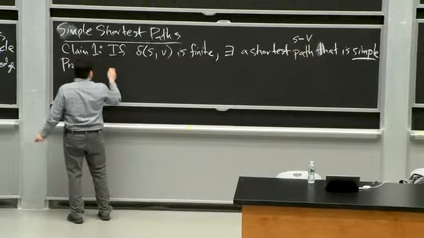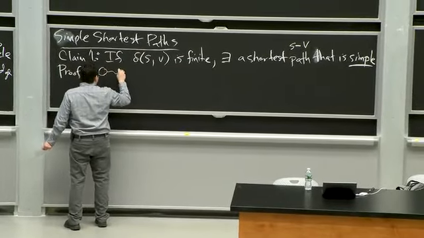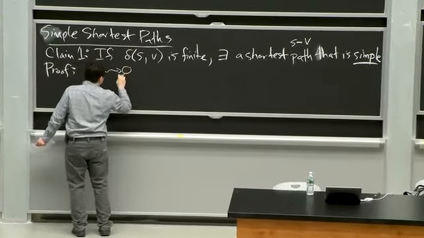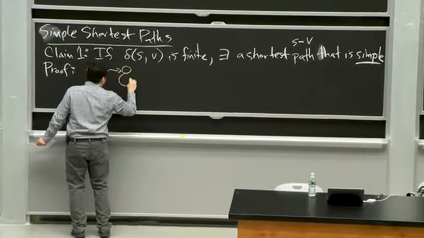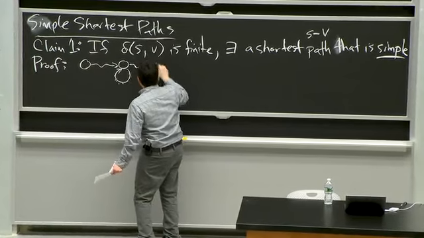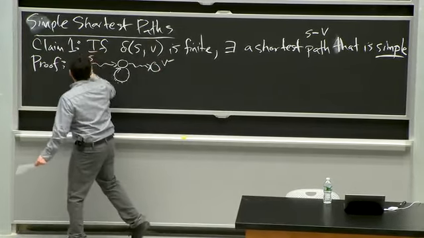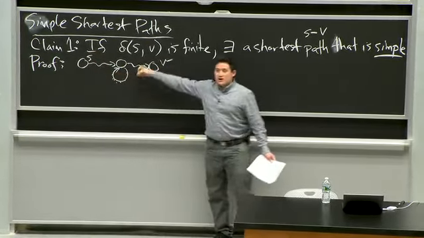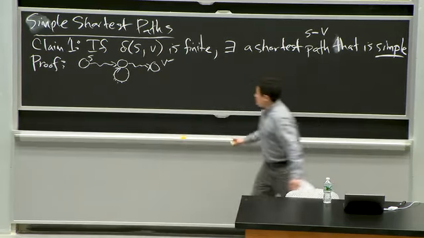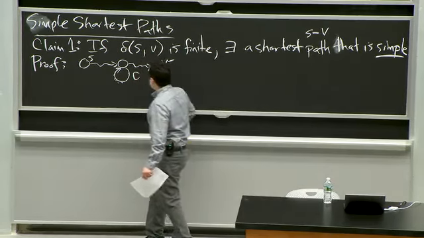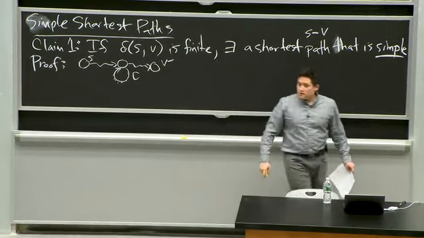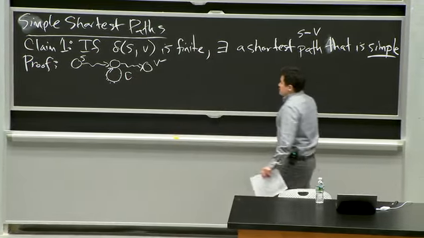Then my path looks something like this. There's some vertices along here, and then I go to V. So here's S, and then there's some cycle. I repeat some vertex. I'm going to call this cycle C. Okay? Now, what do I know about this path?